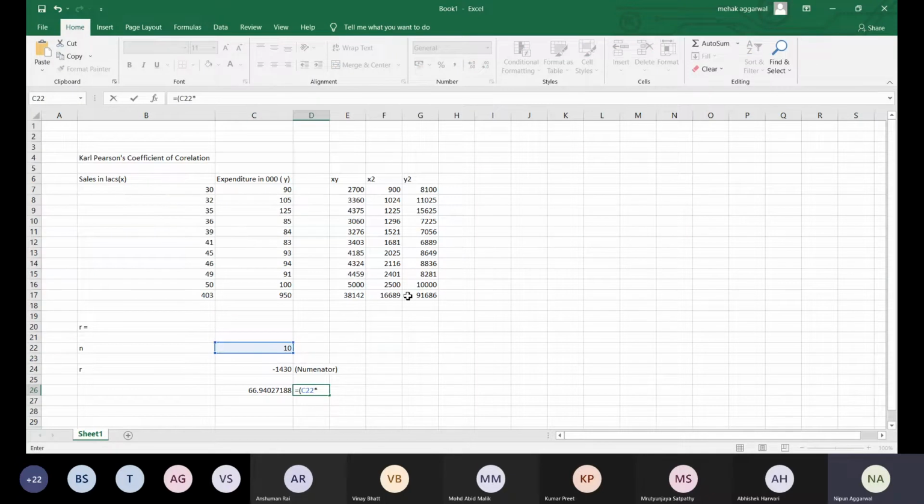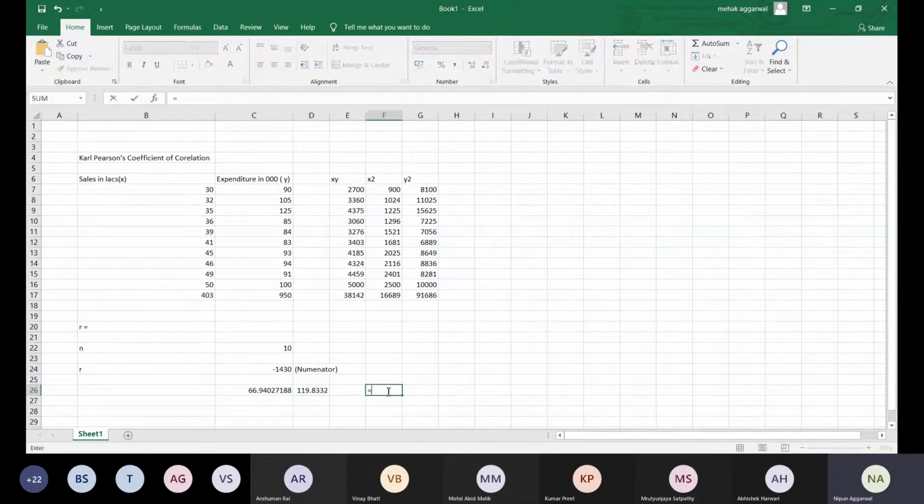So n summation y square minus of summation y whole square. So minus of this raised to the power 2, and for the complete expression raised to the power again 0.5. So this becomes your another part.